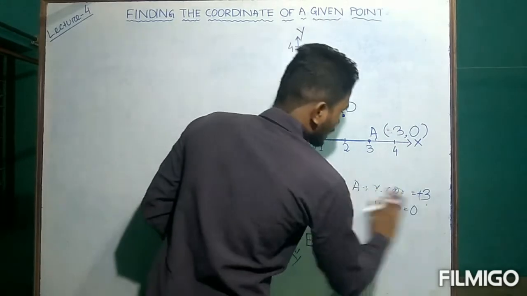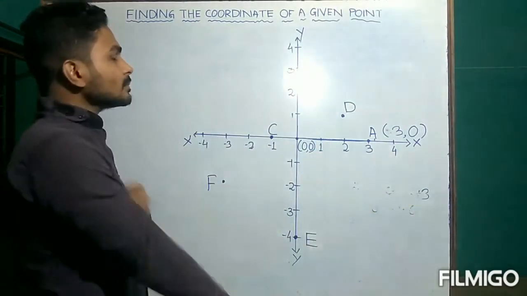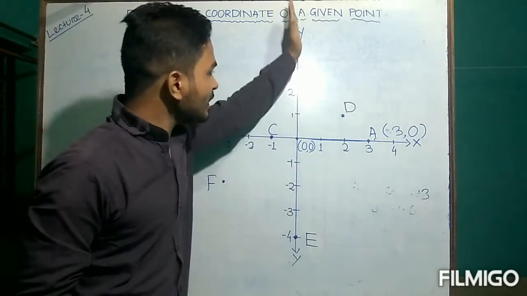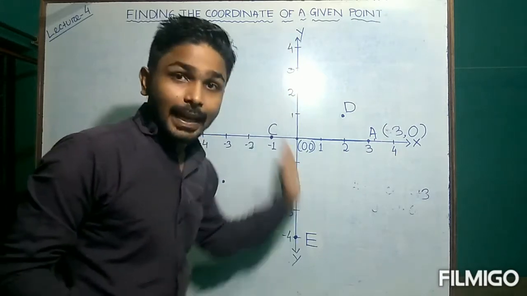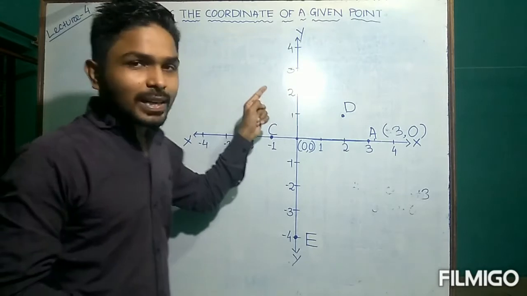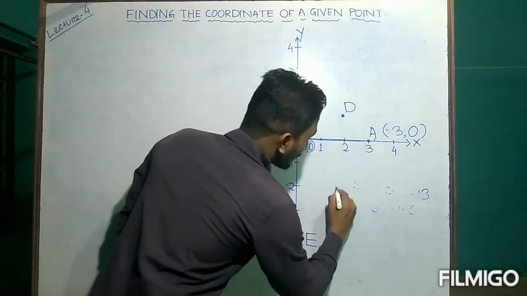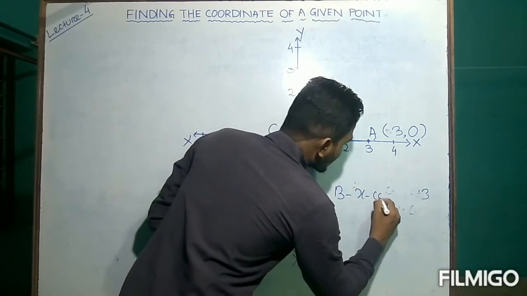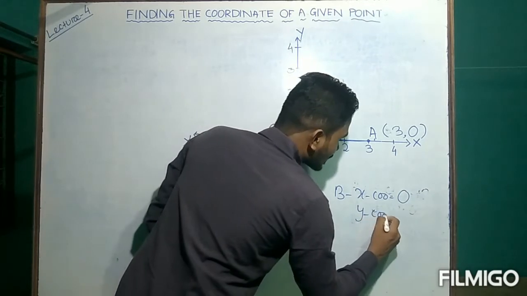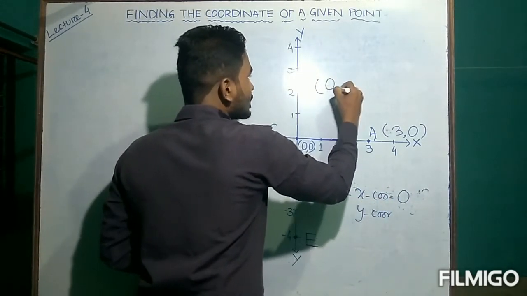Now coming to the point B. As you can see, it lies on which axis? It lies on the y axis. It means if any point lies on the y axis, then its x coordinate should be 0. So for point B, the x coordinate should be 0. Why? Because it lies on the y axis.